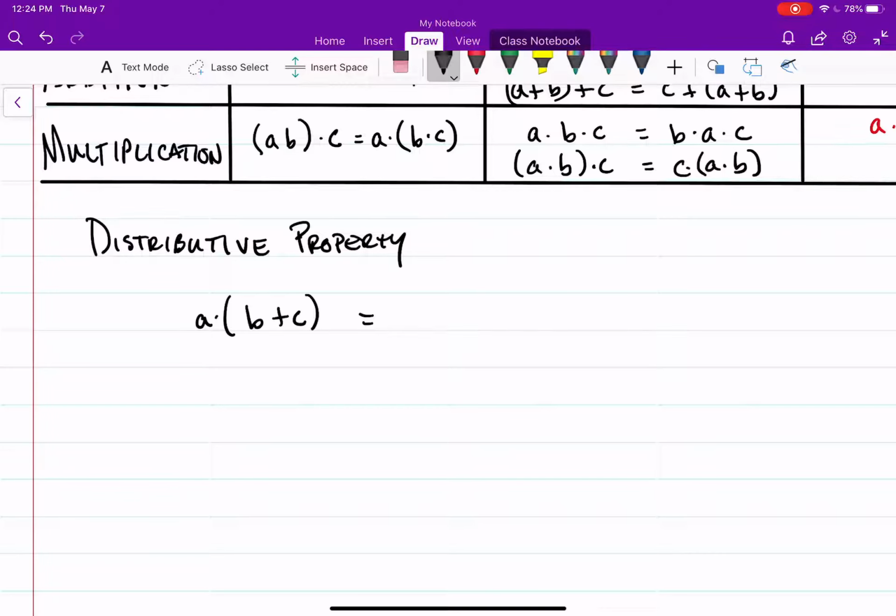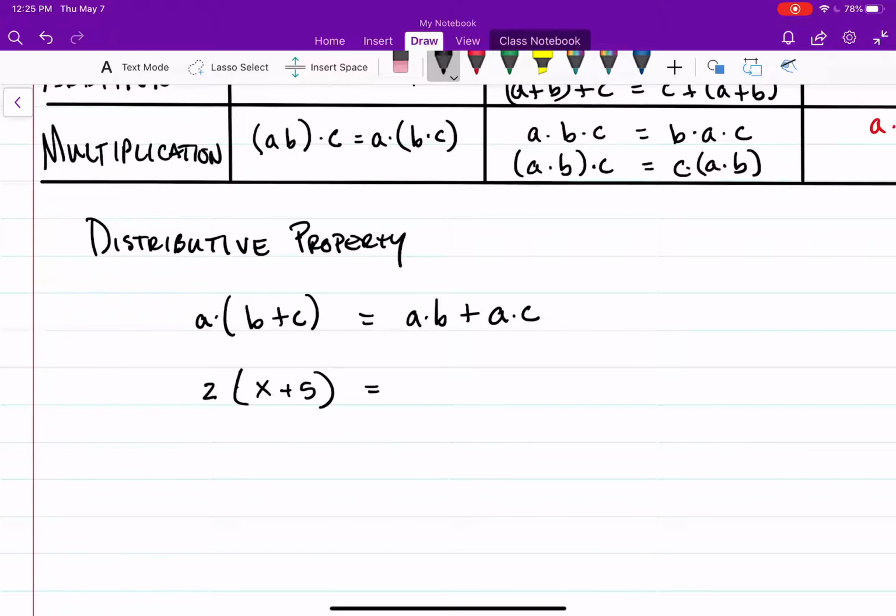But what if these were algebraic expressions? It could be like, let's say, 2 times x plus 5. I can't add the x and 5 together, so I'm kind of stuck, so that's where we use the distributive property, okay? So the top one would say A times B plus A times C.